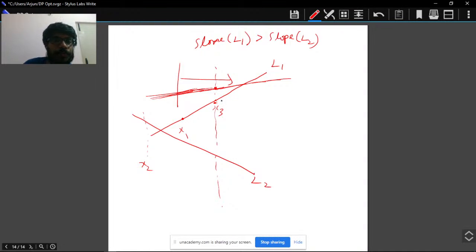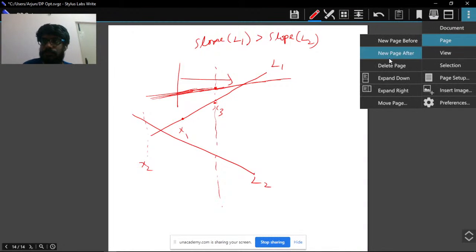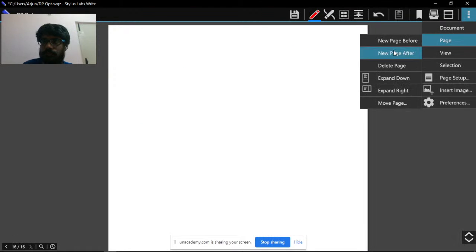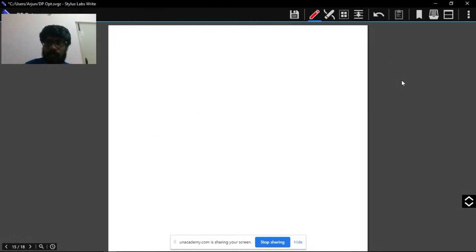That's the whole point. If L1 is maximum somewhere here, then at other places further right it can only be a line whose slope is even larger than mine. It can't be a line whose slope is lesser than mine.